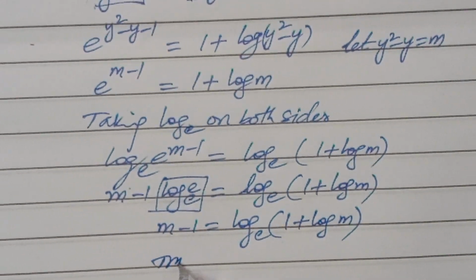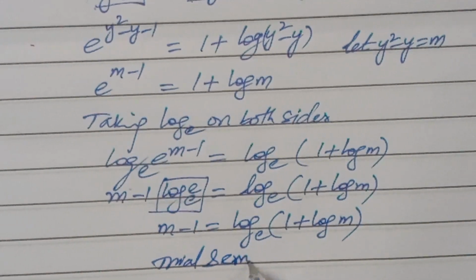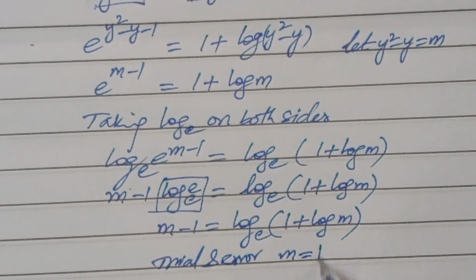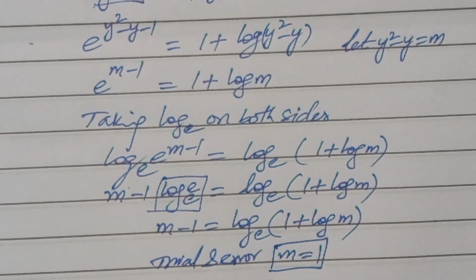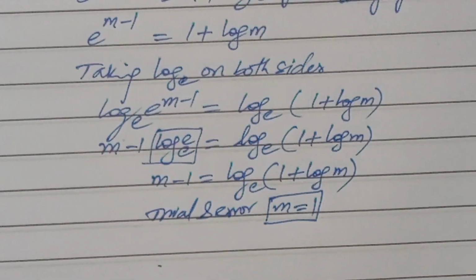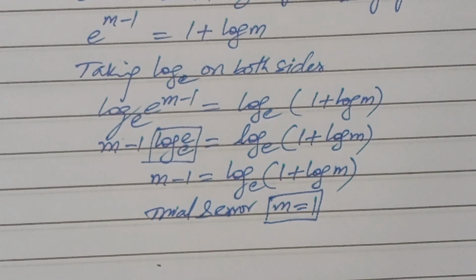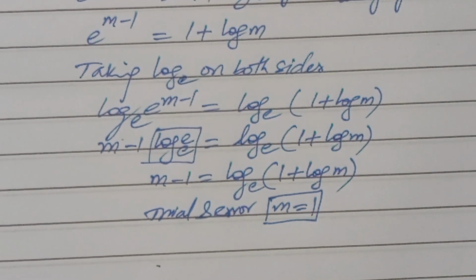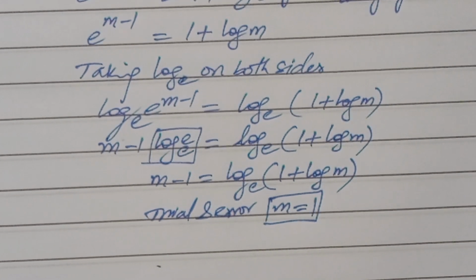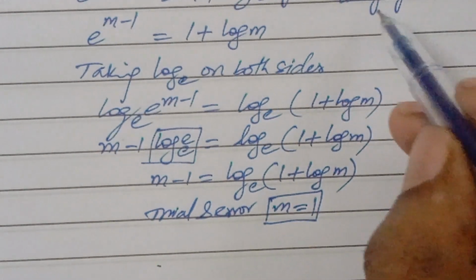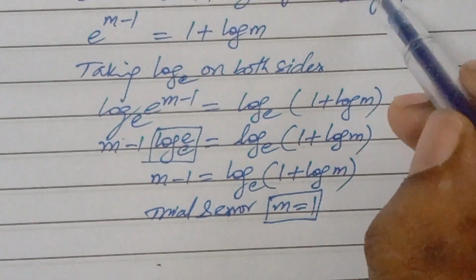Here, by trial and error, you will get m value equal to 1. With m equal to 1, LHS will be equal to RHS, since log 1 is 0. So m value is 1. Now replace this m value.